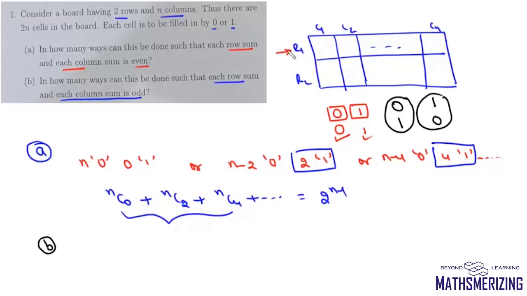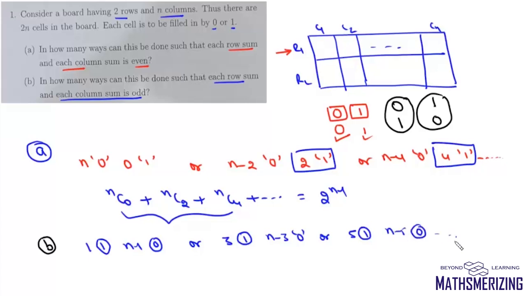Now we try filling this first row. Then this first row can have 1 one and then remaining n minus 1 zeros, or it can have 3 ones and n minus 3 zeros, or 5 ones and n minus 5 zeros, and we'll continue.